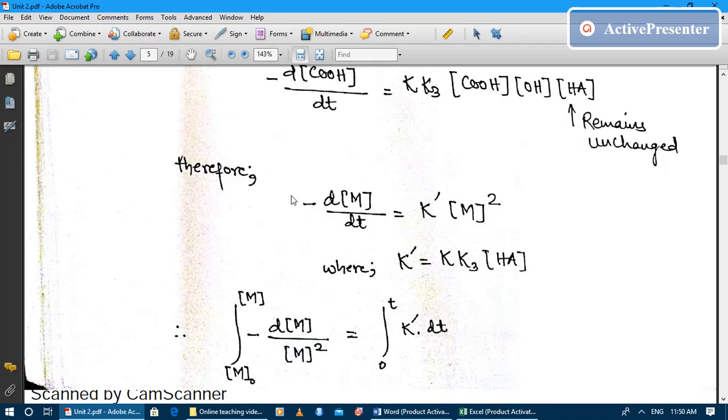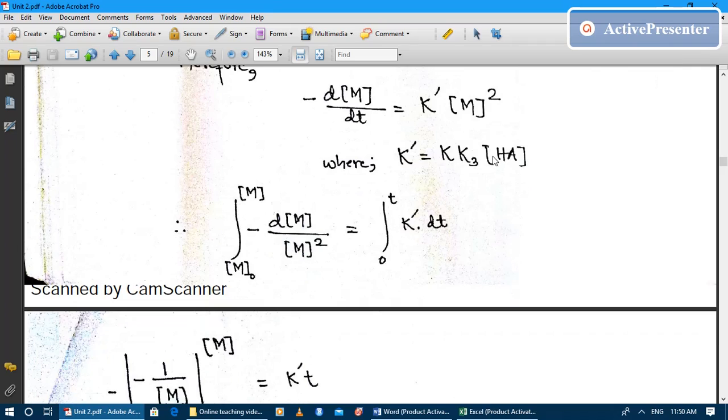Therefore, we can say minus dM/dt, where M is the concentration of either carboxylic group or hydroxyl group, is equal to K dash M square, where M square relates to the concentration of the carboxylic group and hydroxyl group, whereas K dash includes K, the equilibrium rate constant, K3, the forward rate constant, as well as the concentration of the externally added catalyst HA.